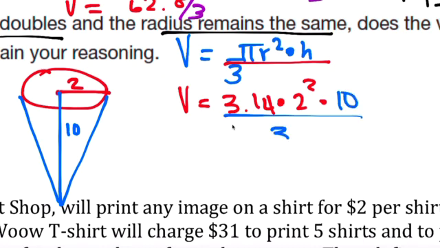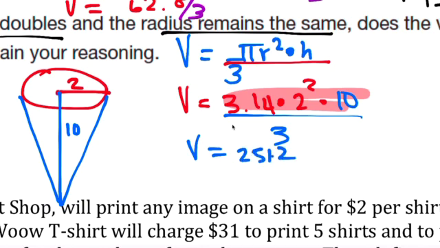Divide by 3. Volume equals, the numerator first, put that in your calculator, you'll get 251.2. No, you don't. That's the other one. Looking at the wrong one. Putting in the wrong number. You get 125.6. Divide that by 3.